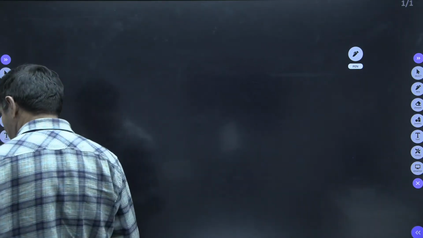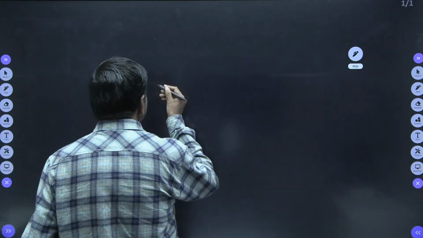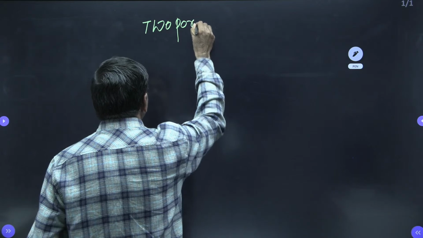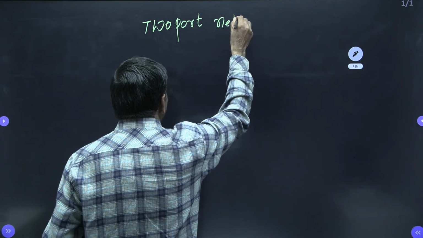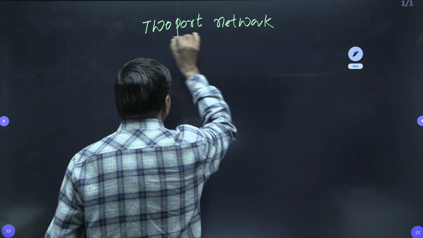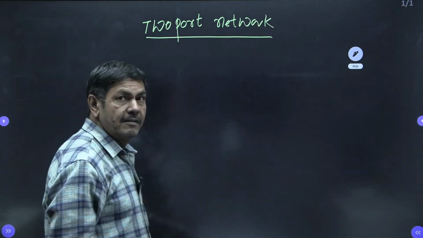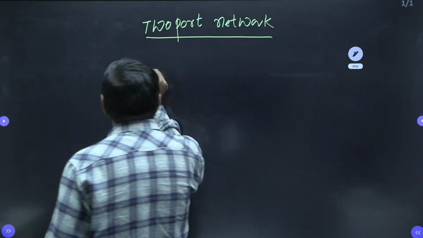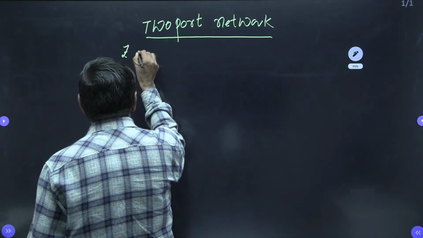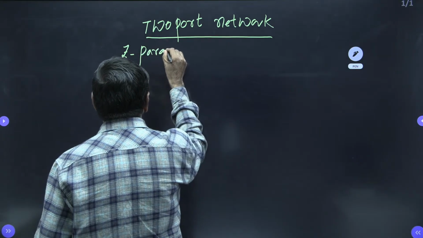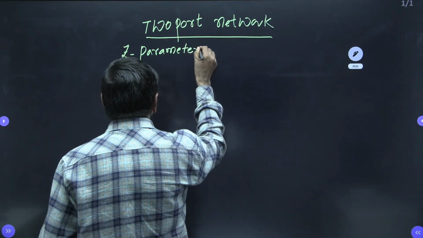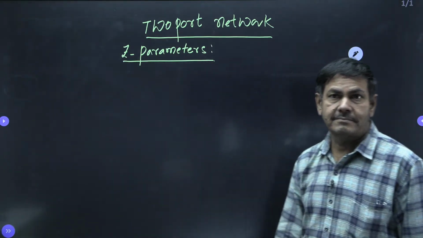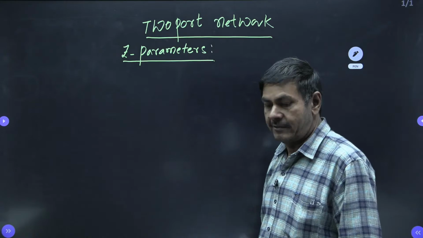The two-port network. But initially I would like to start Z parameters. But how these Z parameters are written, that is more important now.